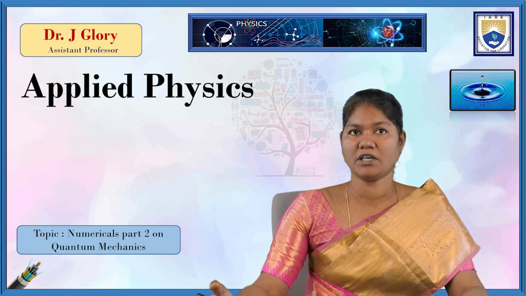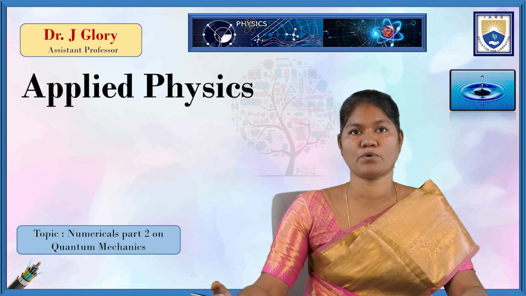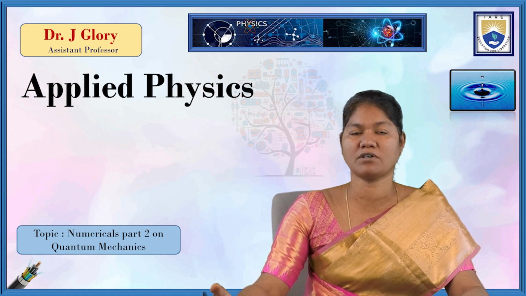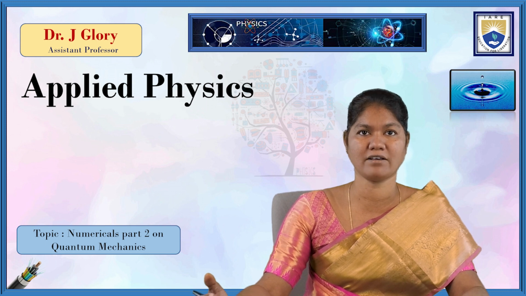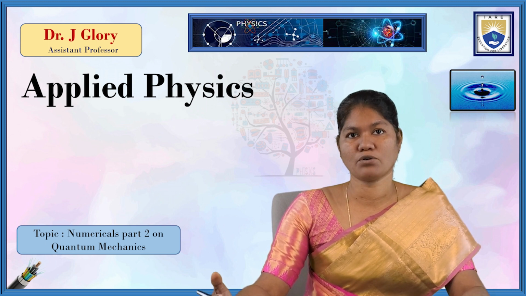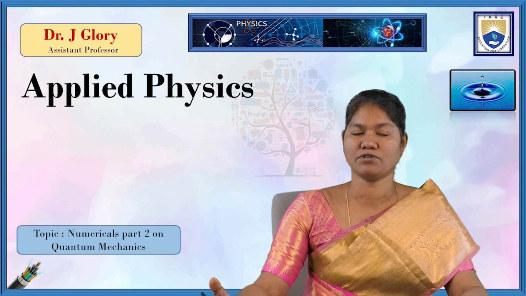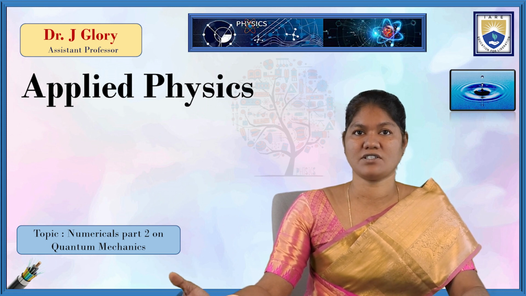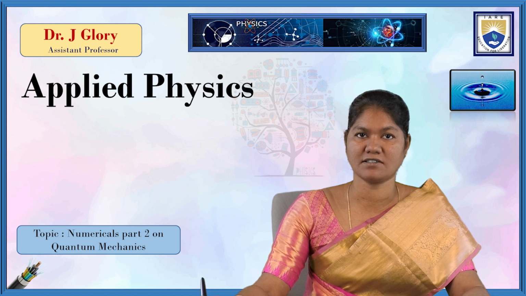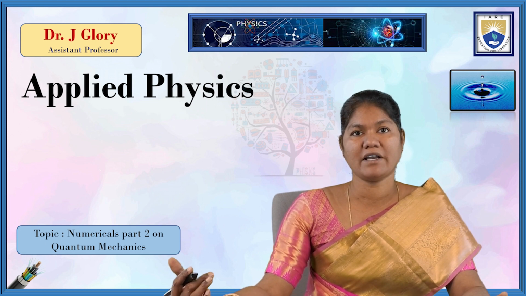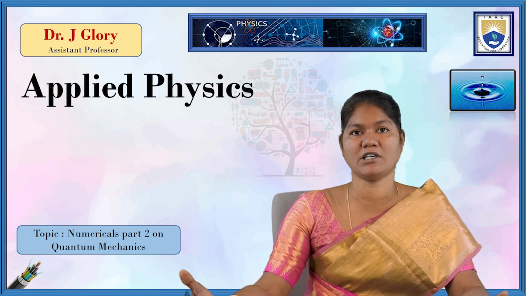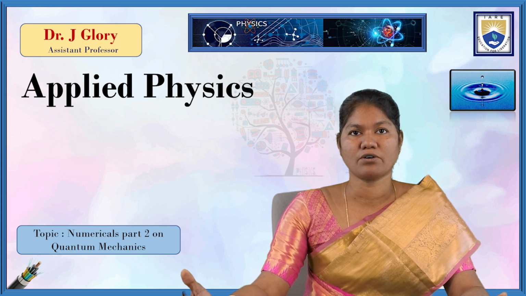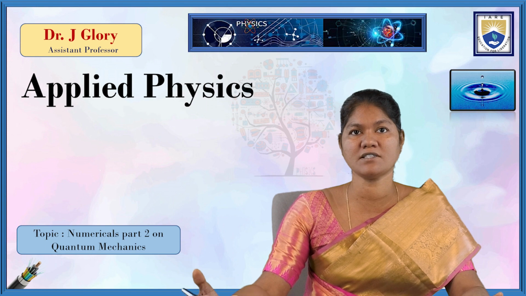Here we are going to see some more problems related to a particle in a one-dimensional infinite potential well, and we are going to calculate the energy levels of a particle in different energy states, that is, the energy of the particle in the ground state and the excited states. These are what we are going to calculate in this session.